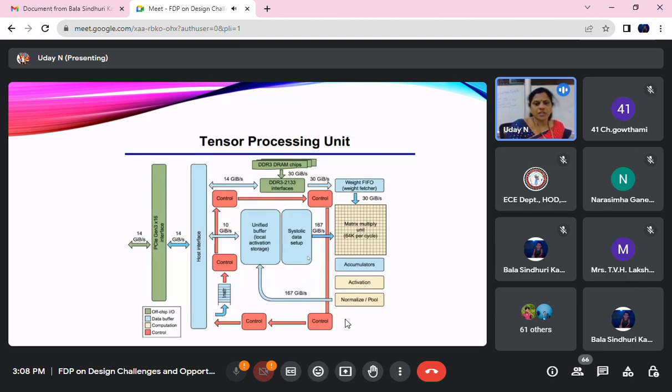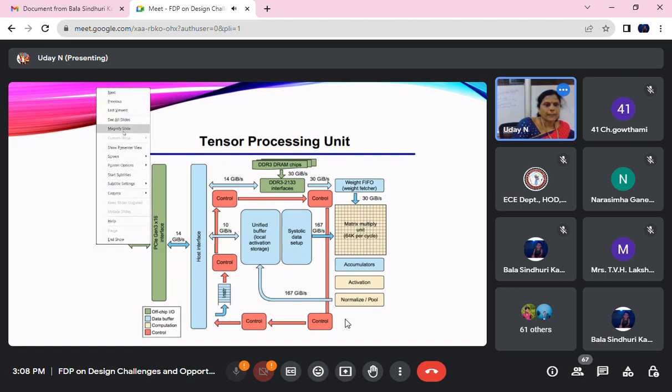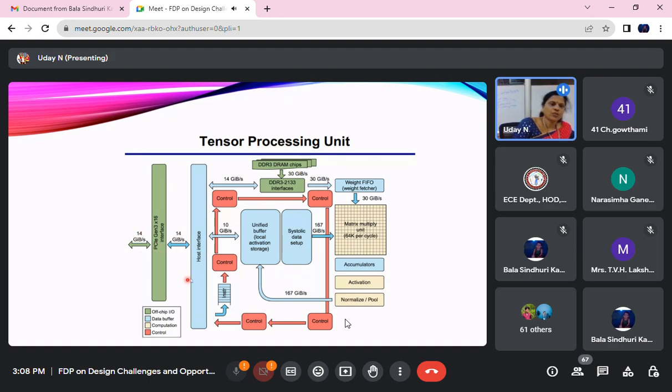So this is the architecture for the tensor processing unit. The IOs are connected through the PCIe bus, and the rest of the operations are connected through normal bus architecture. And it has a 2133 DDR3. The most important one here is the matrix multiply unit.